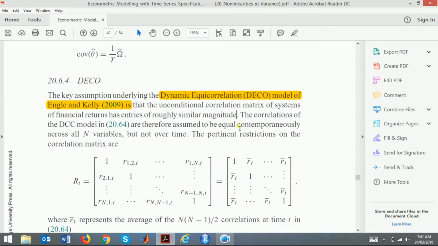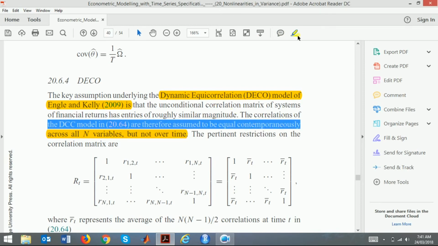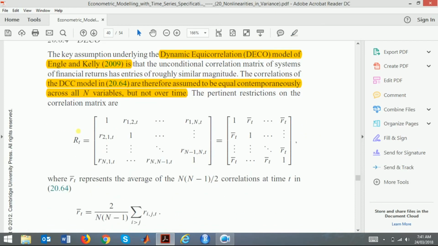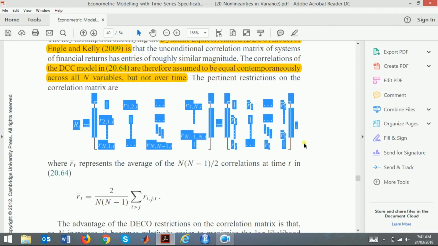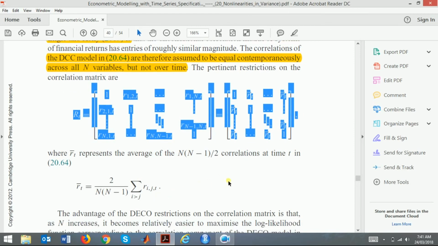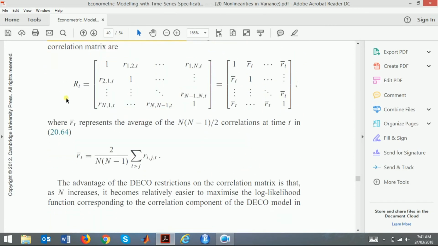The correlations of the DCC model are therefore assumed to be equal contemporaneously across all assets but not over time. Okay. So DECO is a restriction on DCC to make it easier. The restrictions are these, where the average correlation is R, of dimension n by 1.